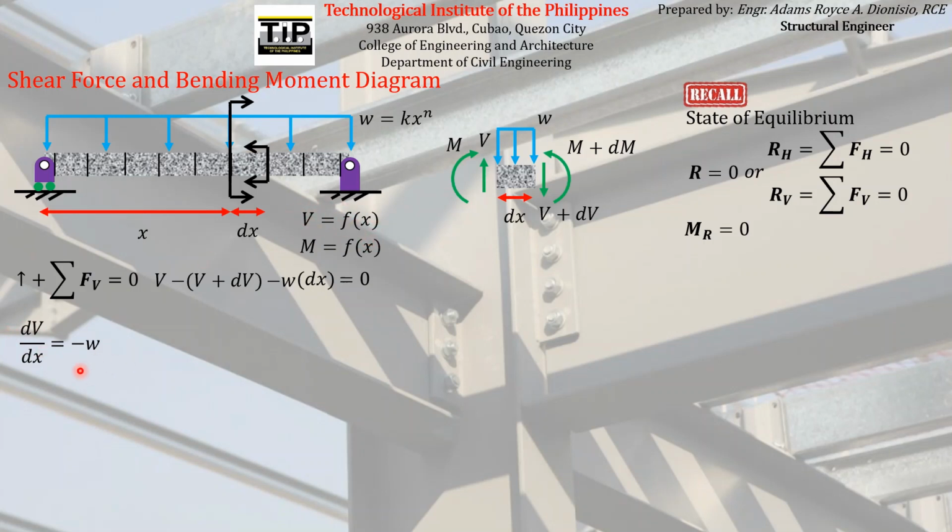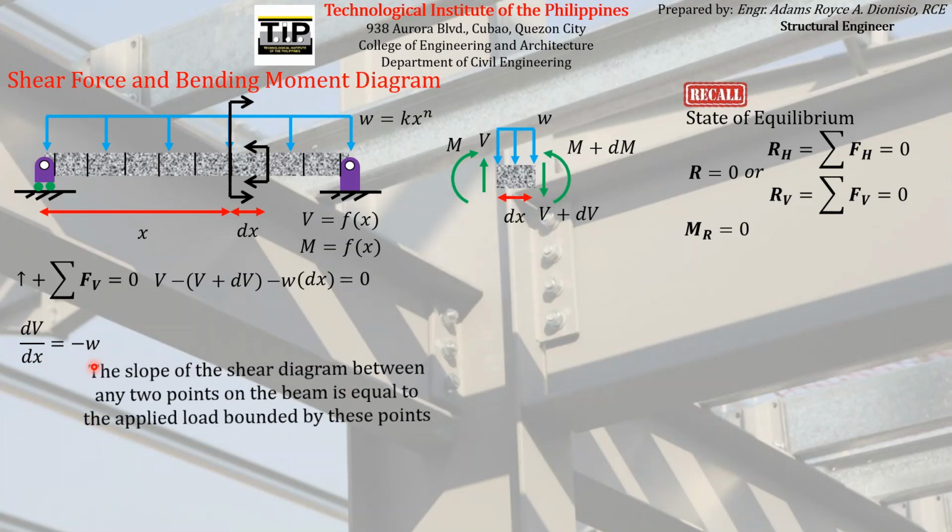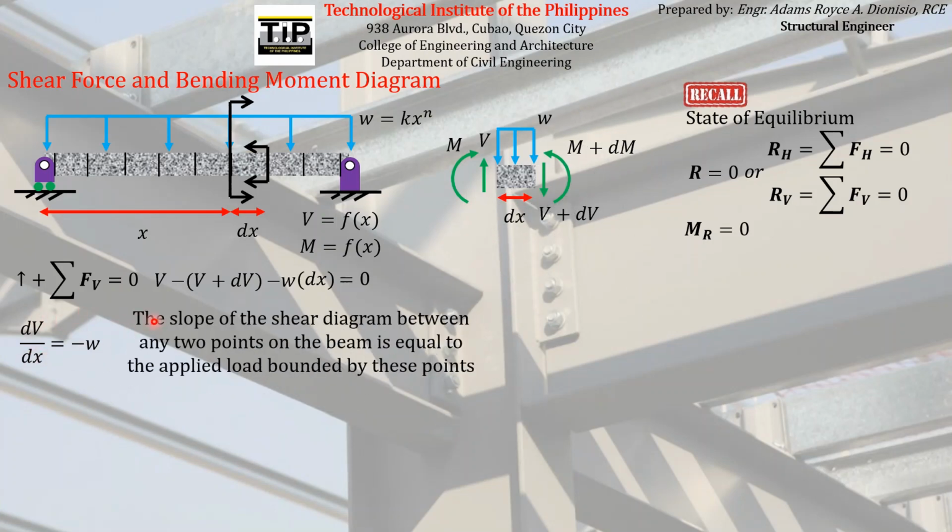Or in formal description, according to this equation, we can say that the slope of the shear diagram between any 2 points, say for example this point and this point, on the beam is equal to the applied load bounded by these points.